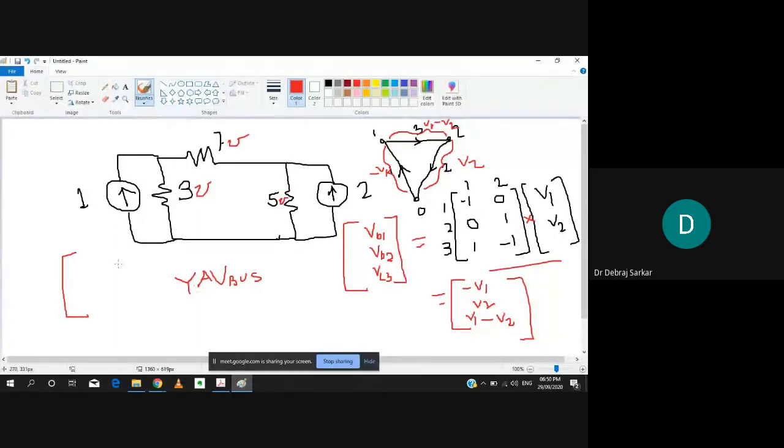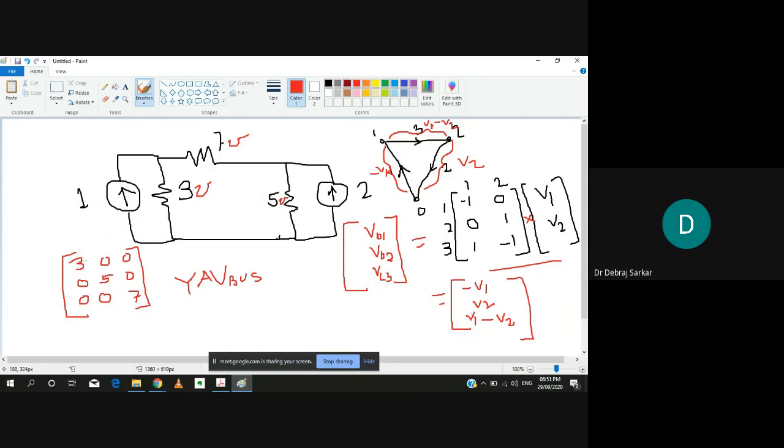So Y should be written as 3, 0, 0, 0, 5, 0, 0, 0, 7. Y is written like this. How are you writing this?